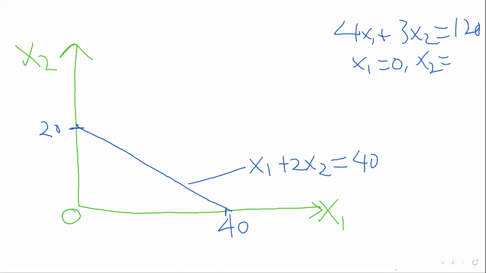Let's go to Ebenezer. Ebenezer, what will be x2? You sound very far away. x2 will be 40. Okay, x2 will be 40.